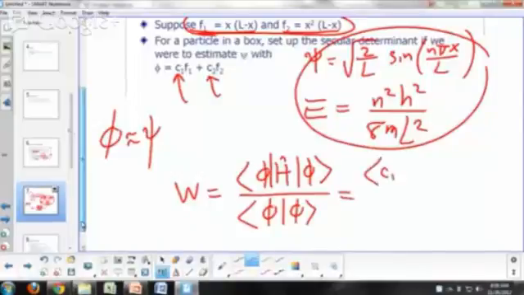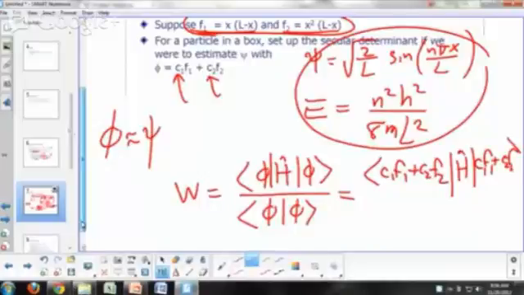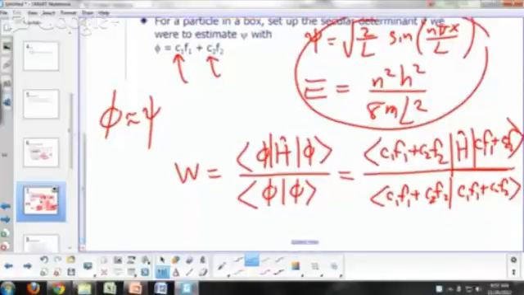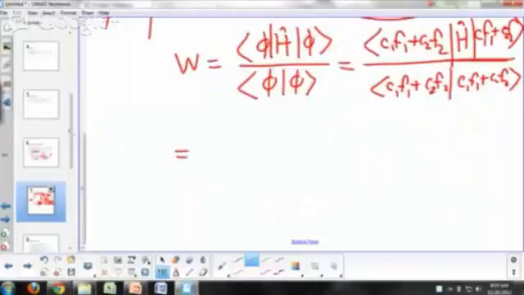That's just going to be C1 F1 plus C2 F2, complex conjugate, times h hat applied on C1 F1 plus C2 F2, divided by C1 F1 plus C2 F2 complex conjugate, and then C1 F1 plus C2 F2 down here, right? So that's your W.